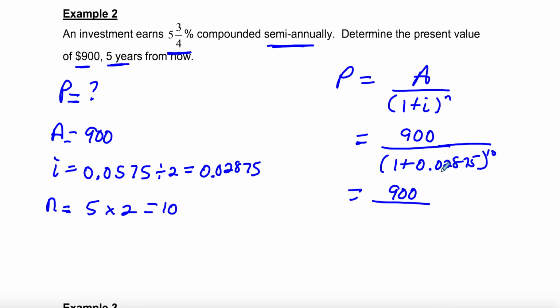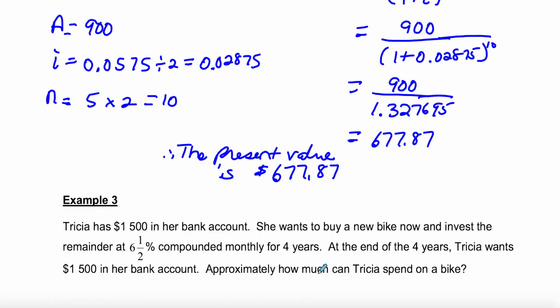I'd probably do this 1 plus 0.02875 first to the exponent 10 and get that number. I just tend to do things in steps so I don't make a mistake. And then I have those two numbers and I could just divide them. And I get 677.87. So therefore, the present value is 677.87.